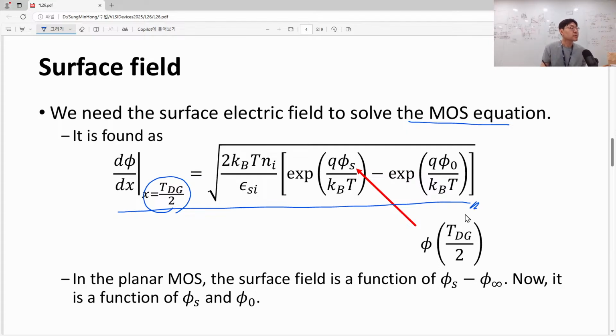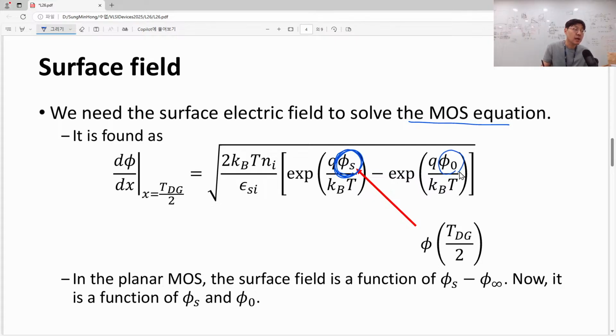But the point is, previously, when we considered the planar MOSFET, there occurs the term corresponding to surface potential. So the surface electric field can be written as a function of surface potential only. However, now in the case of this double gate MOSFET, you can see that there are two quantities, surface potential and the potential at the midpoint.